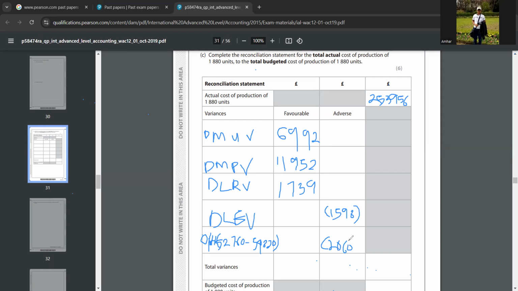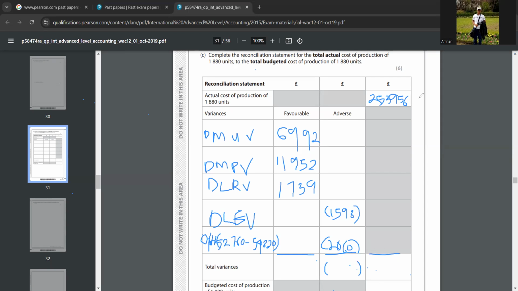And then now you have to take all the total variance. You add all of this and write it here, and then you add both and write it here. From this, you have to minus this value and get it here in this third column.